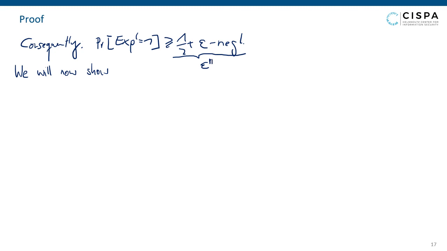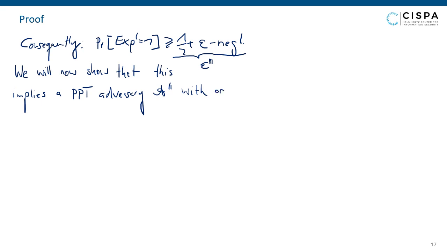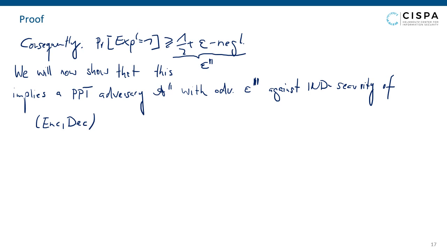We will now show that this implies a PPT adversary A double prime with advantage epsilon double prime against the security of EncDec.